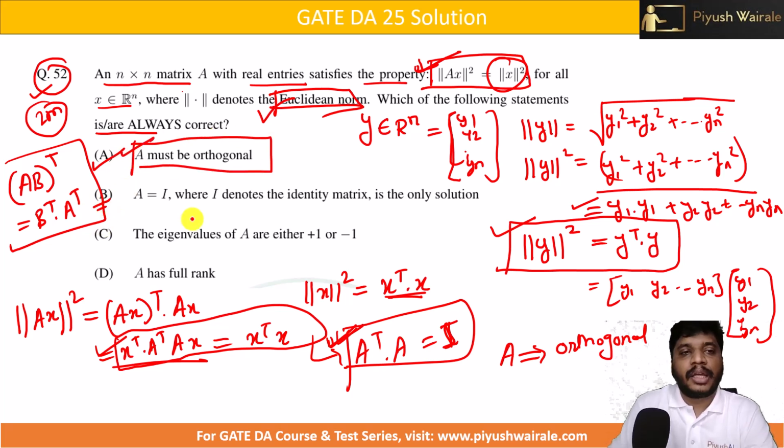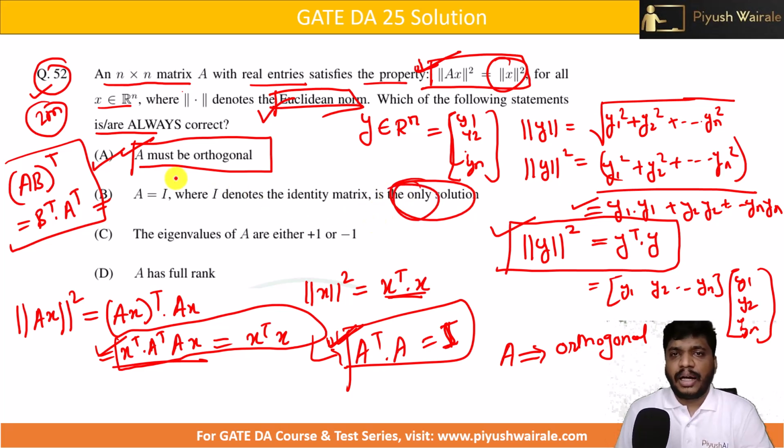Option B: A equals I, where I denotes the identity matrix, is the only solution. Let's see, because A is orthogonal, we can use this particular property.